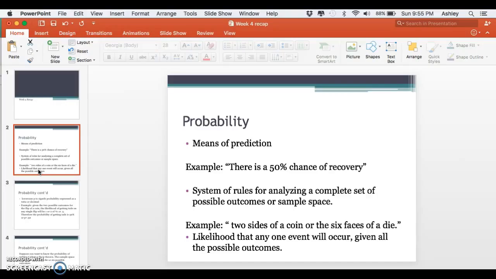An event is a single observable happening or outcome, such as the appearance of tails on the flip of a coin or a 3 on the toss of a die. A sample space could also be a set of IQ scores for all students in a given school system. These are just examples. But probability is the likelihood that any one event will occur given all the possible outcomes.